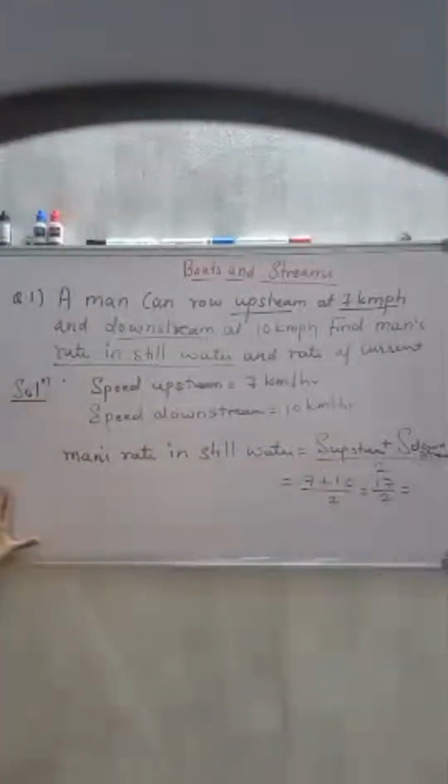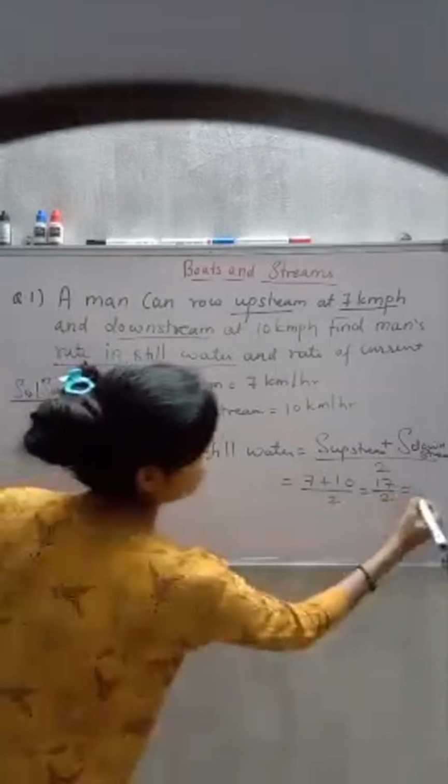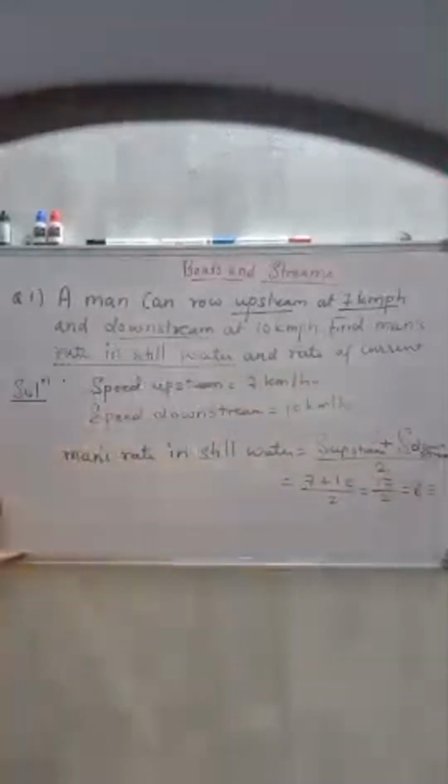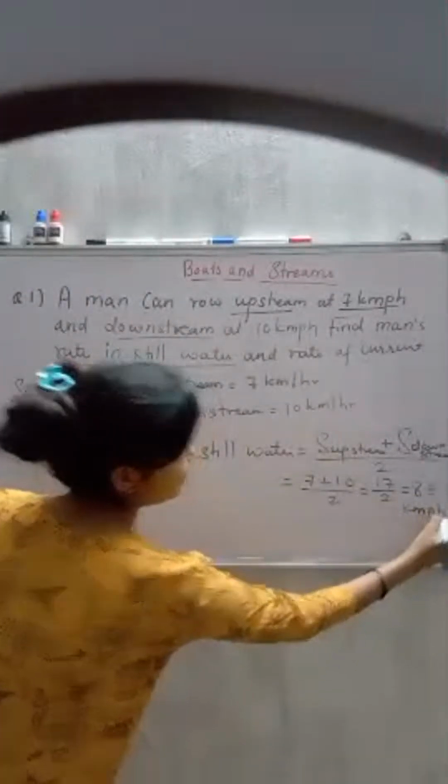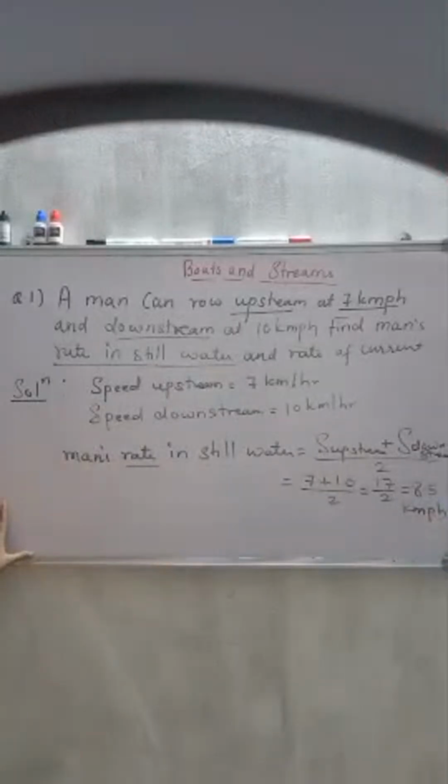Half of 17 is 8.5 and since this is speed, rate means speed, so unit will be kilometer per hour, 8.5 kilometer per hour.